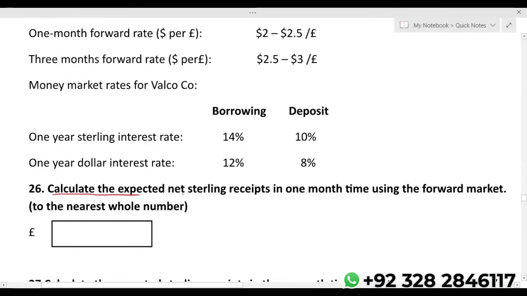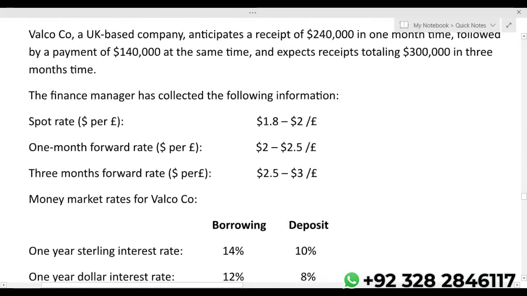Calculate the expected net sterling receipts in 1 month's time using the forward market to the nearest whole number. Expected net sterling receipts in 1 month's time. 1 month. Okay.